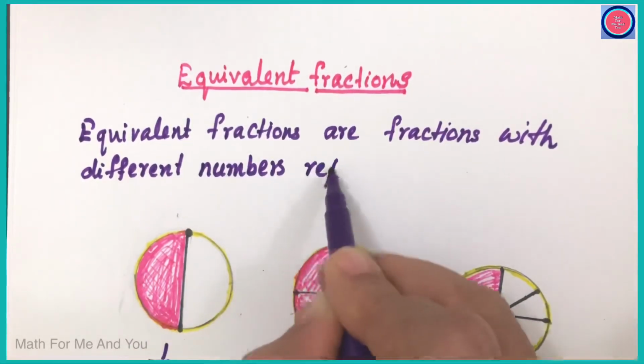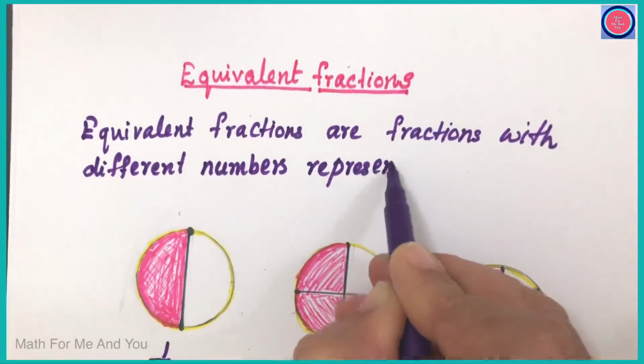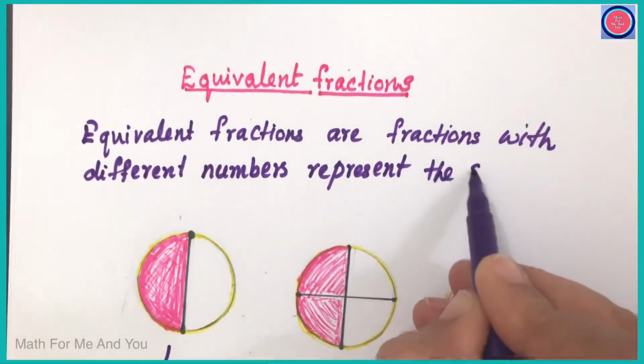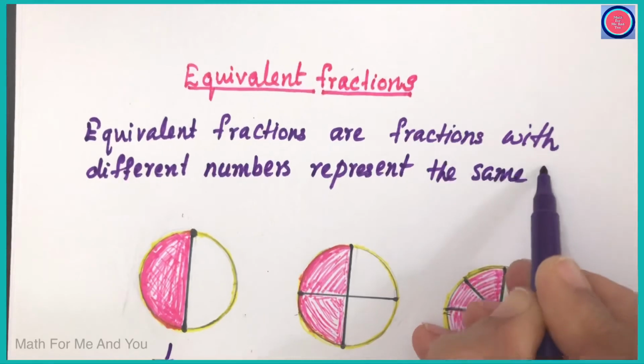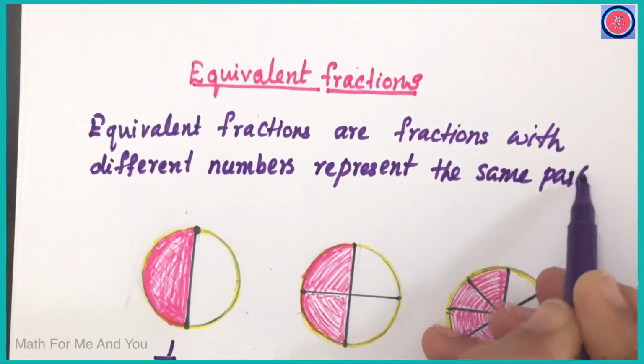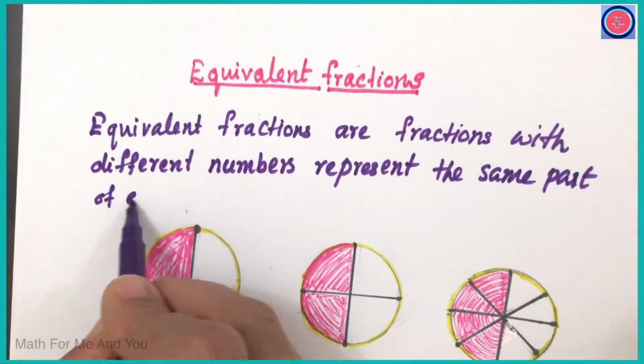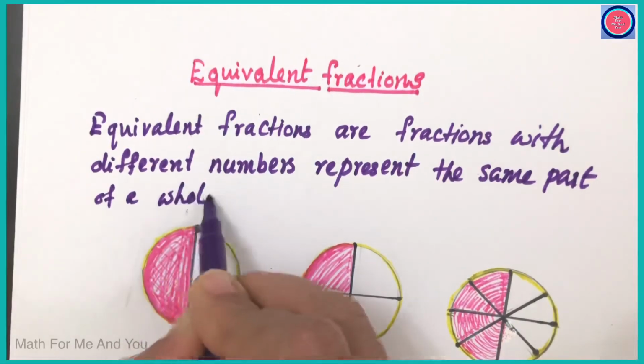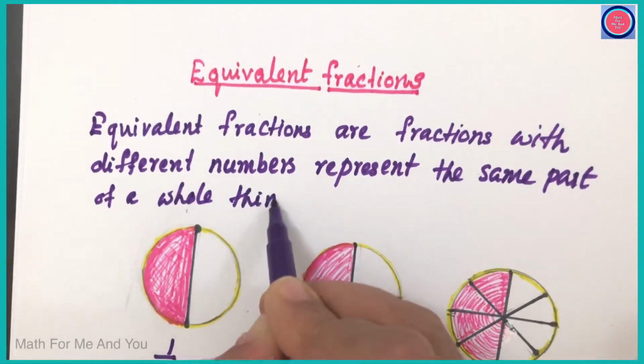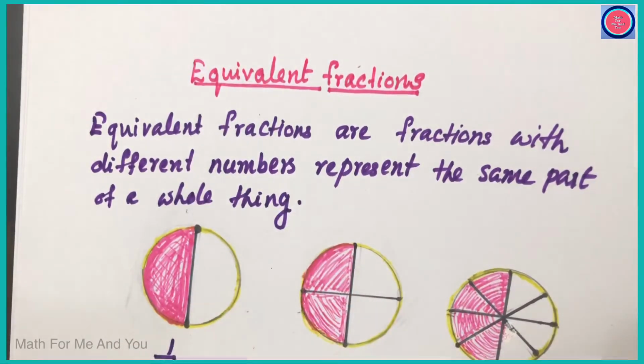We can see from the picture itself, this representation of the part is the same. Even though the fractions have different numerators and denominators, they represent the same part of the whole thing.